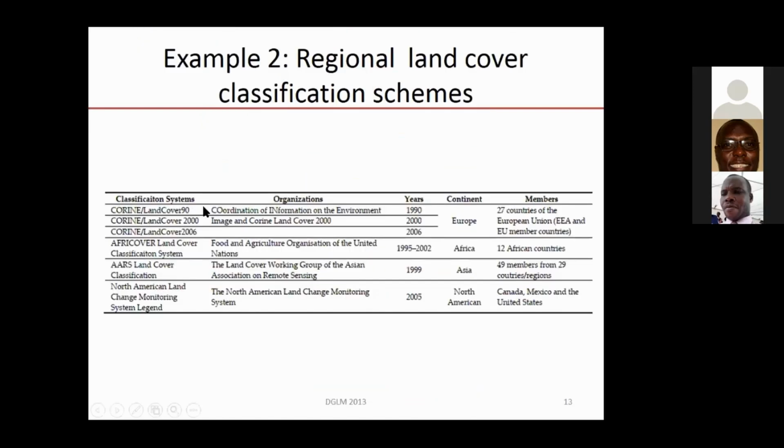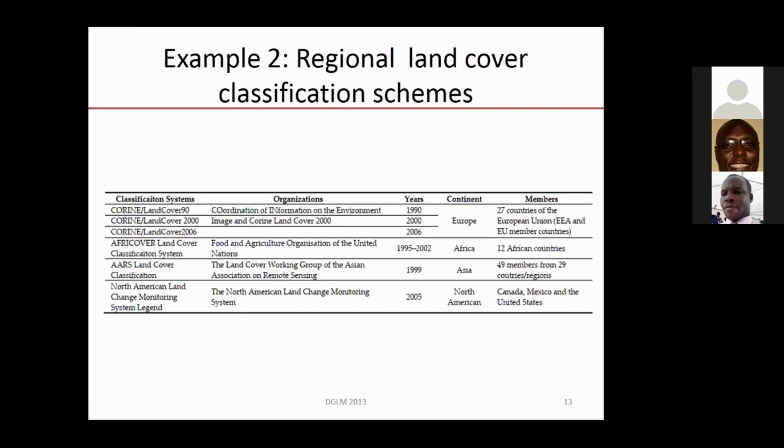Now, at a regional level, there are some classification systems that have been created. For example, in the whole of Europe, they have been able to create a land cover classification scheme, so that if you're going to define land covers, you have to use this Corine land cover classification. So if you download all their data sets, you'll find that all the land covers have been defined according to the Corine land cover classes.